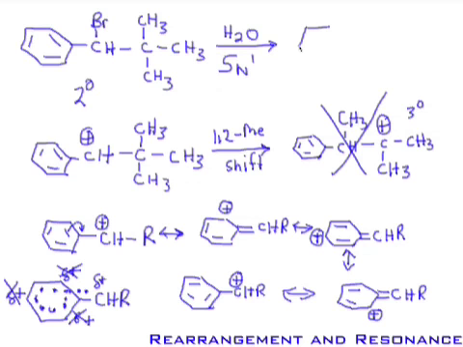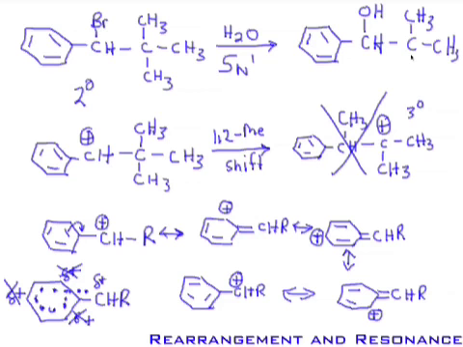And when you're done, all you end up with has OH here. And there is no 1,2 shifting, because the resonance stabilized carbocation is more stable than the tertiary. All right.